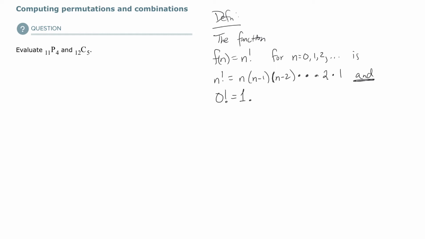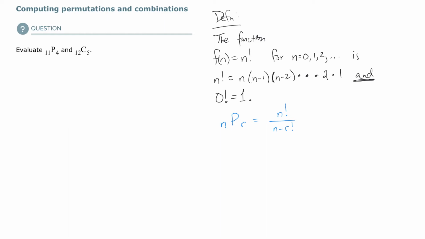All right, let's write down a few formulas here. The first formula is, out of n items, if you want to permute r of them, we're going to write n factorial over n minus r factorial.